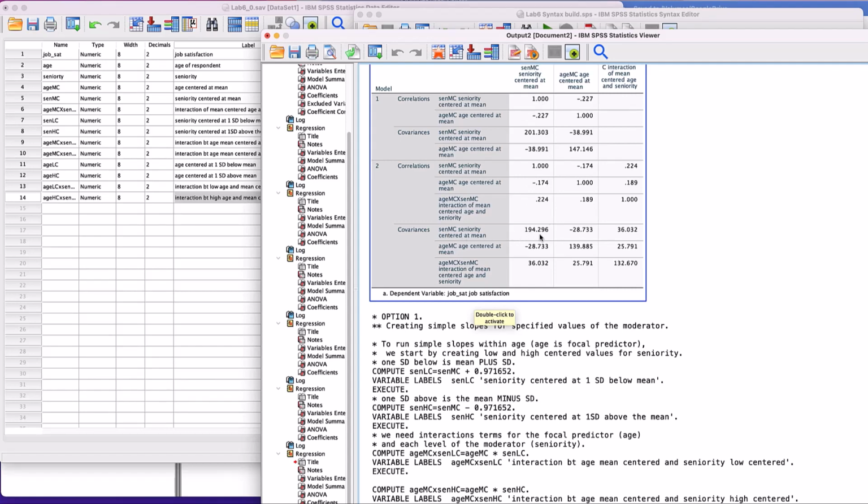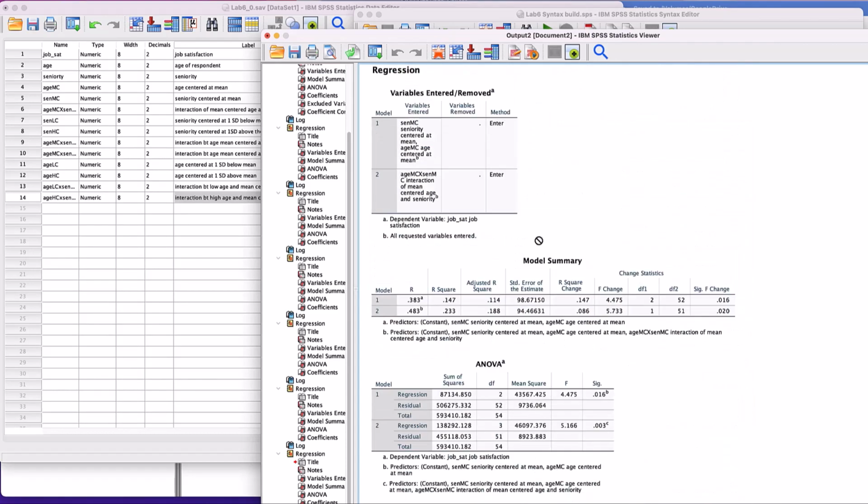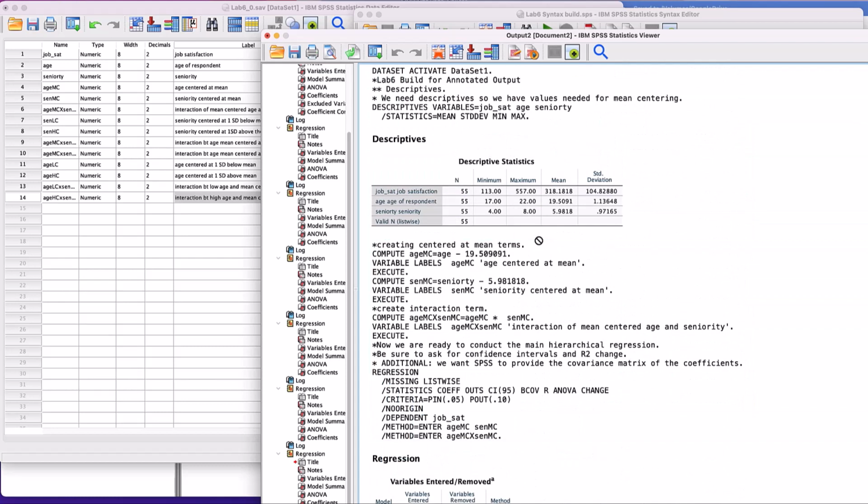Well, the covariance of one thing to itself is the variance. So the variation, I think we talked before about how variance is the standard deviation squared for terms. Like if we were talking back at our descriptive statistics, if I took the standard deviation of seniority and I squared that, that would be the variance of seniority.